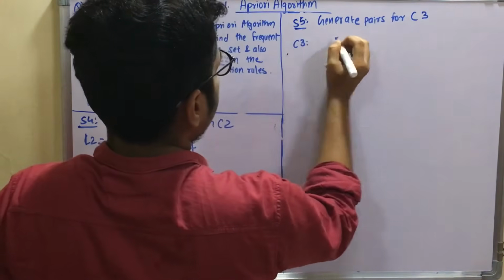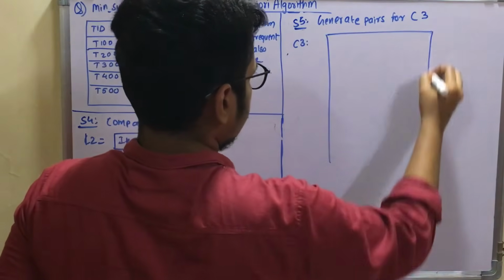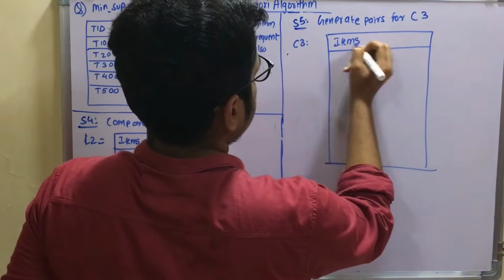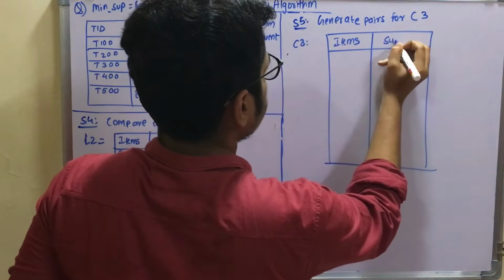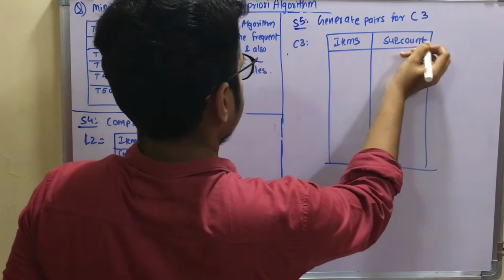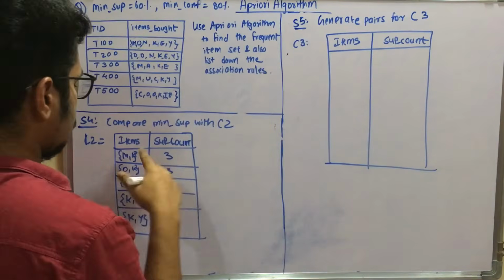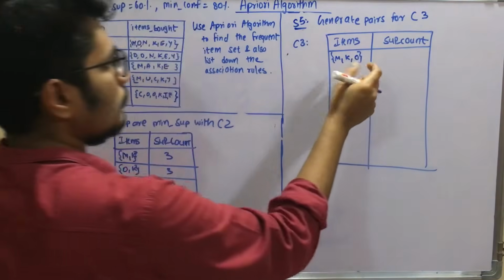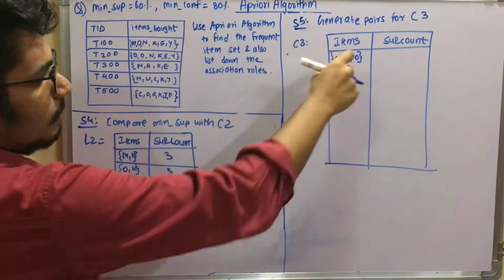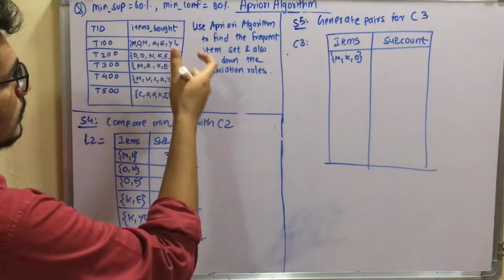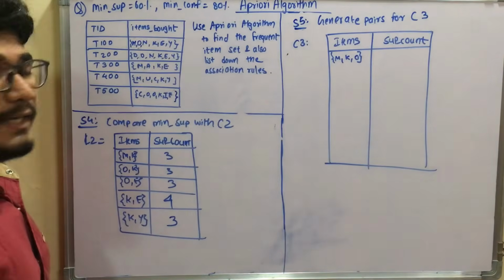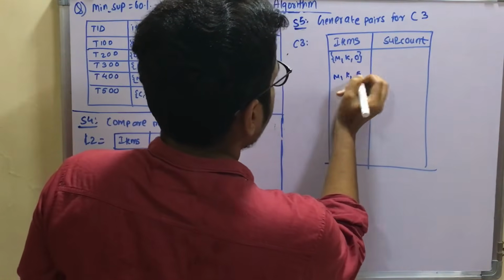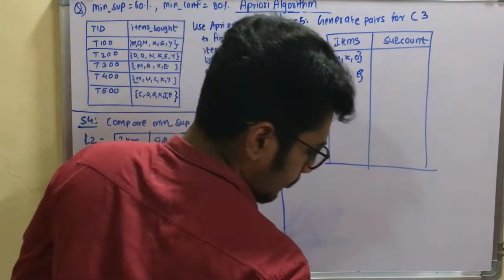So we have the C3, and we draw this table again with items and with support count. And so we just do it in that way. So it will be MKO. Remember, you have to maintain it as an item set and not only just the items, because they are asking us to find the frequent item set. Next we have, that is MKE, like I have shown here.